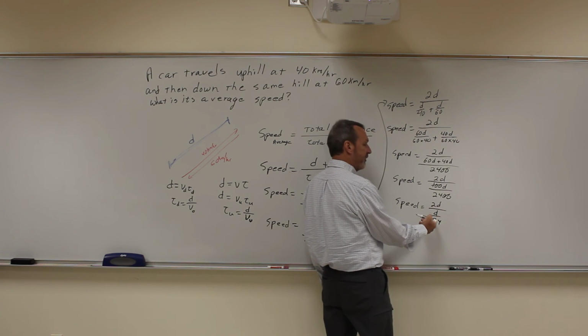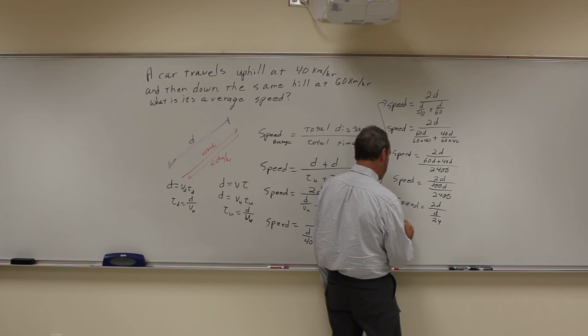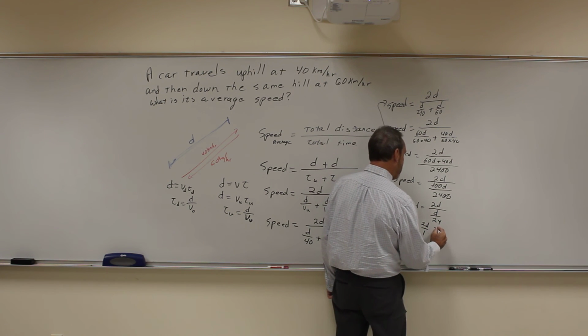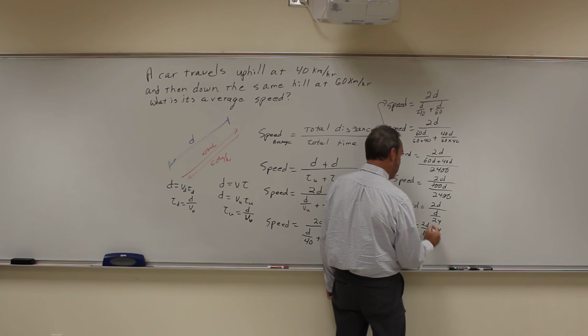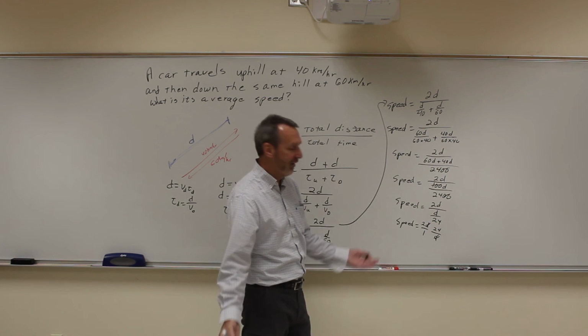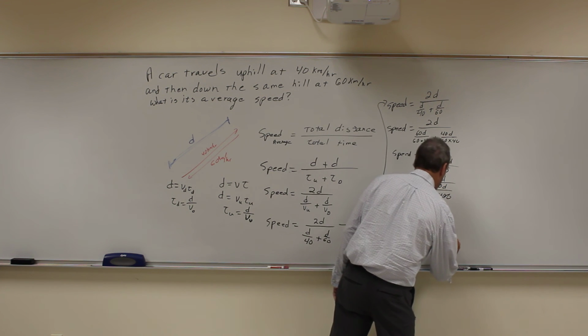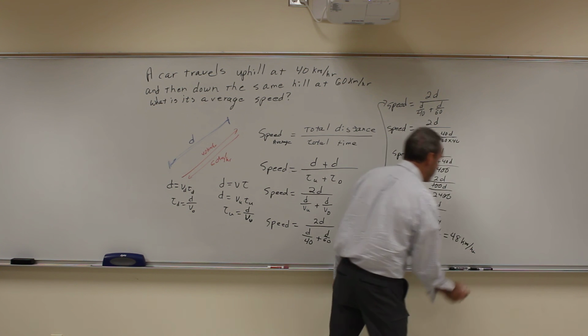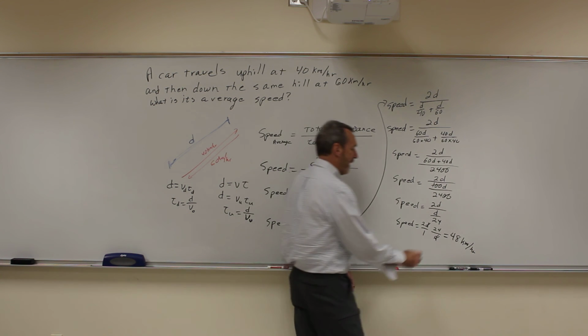But how do you get rid of a fraction on the bottom? You flip it and multiply, so the speed is equal to 2d over 1 times 24 over d. Notice the distances go away. We don't have to know the distance for the sides of the hill. 2 times 24 is 48 kilometers per hour. And that is our average speed.